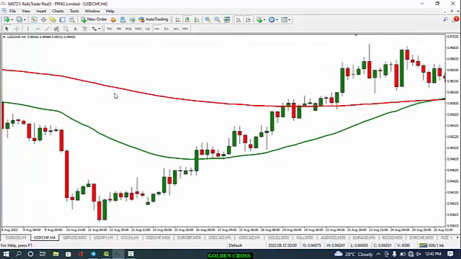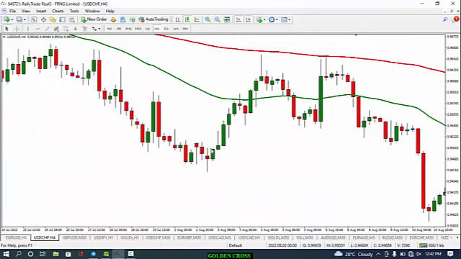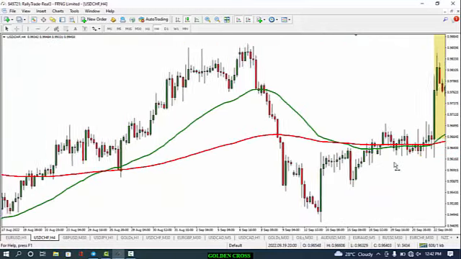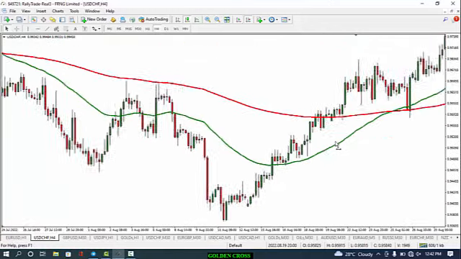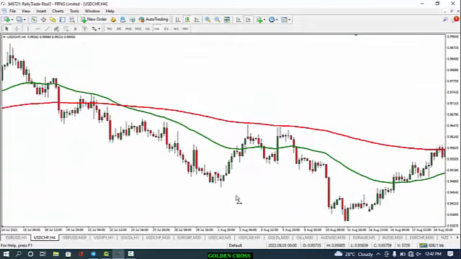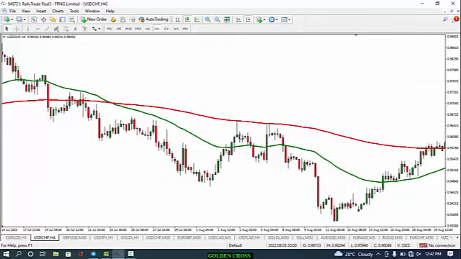So on the 4 hours time frame, at this particular point in time, you could see that the red, which is the long-term moving average, is trading above the green, that's the short-term moving average, telling me that the direction of the market at this point in time is bearish. This is the death cross. Opportunities to sell only at this particular point in time.